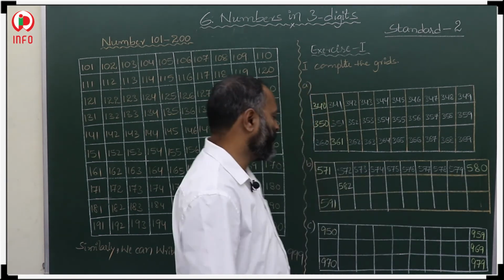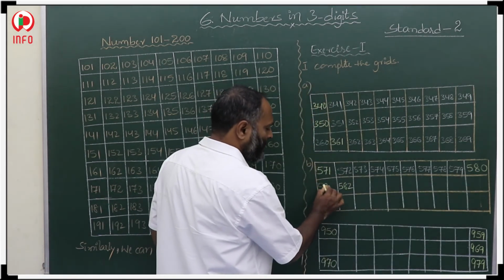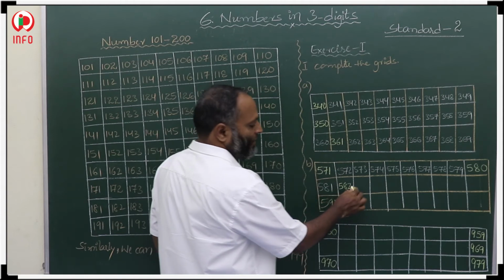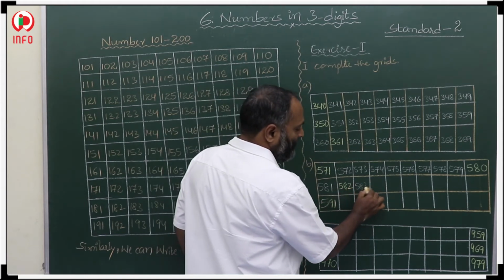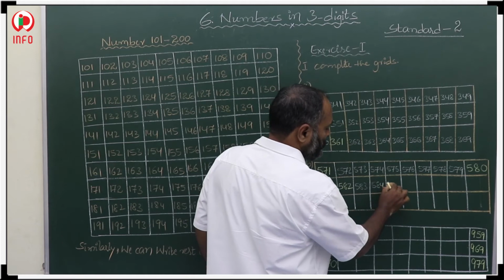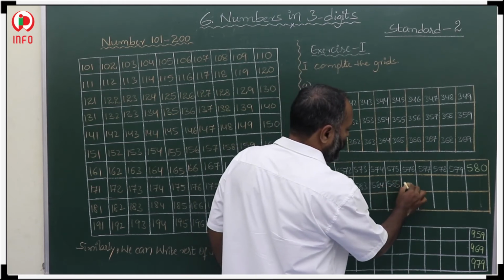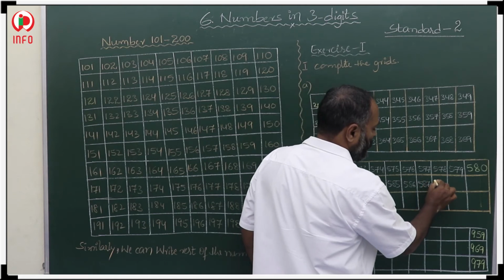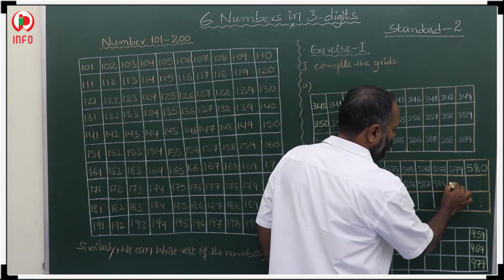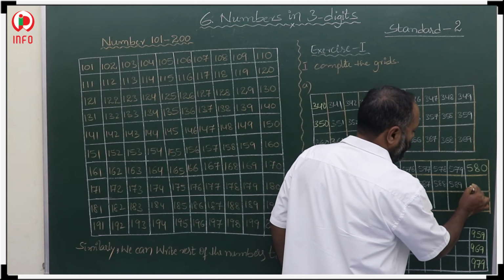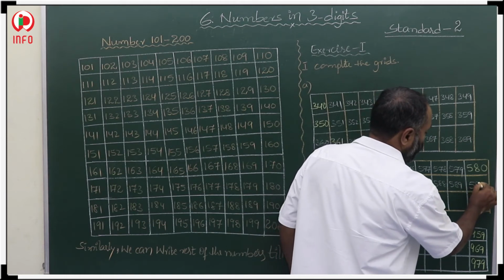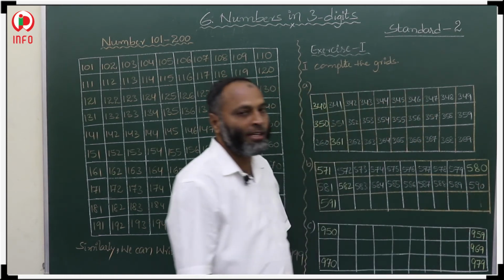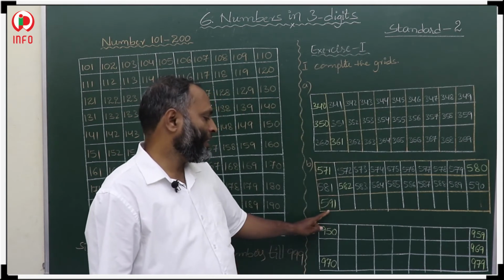After 80, 581, 582 is given, 583, 584, 585, 586, 587, 588, 589, 590. After 89, 90. 591 is given.